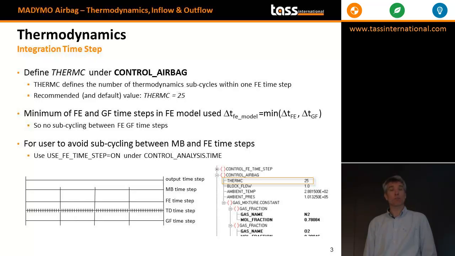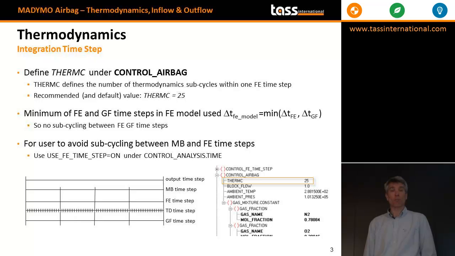For that, let me please explain the table on the left bottom. It's a snapshot of a simulation. It could be either a thermodynamic, or so let's say a uniform pressure calculation, or a gas flow calculation. It's even possible to apply both in one simulation.